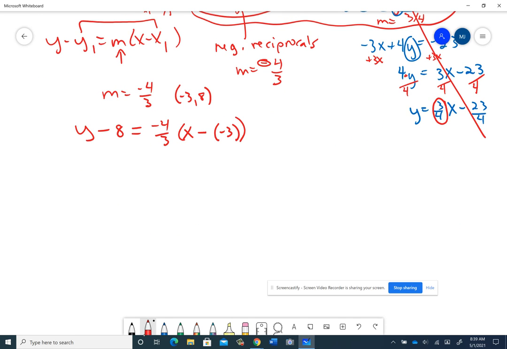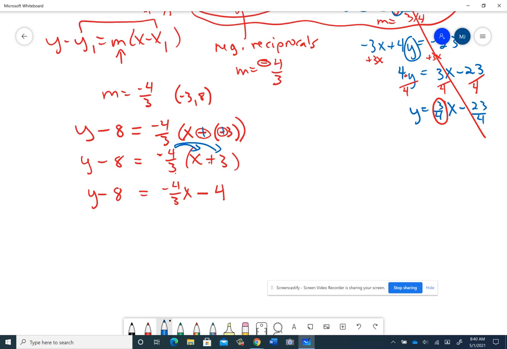So before you distribute, take care of this minus and negative. Okay. Now distribute. So this became positive x plus 3. Now distribute. And we wind up with -4/3 x, and then a negative times a positive would be negative. 4/3 times 3 would be 4. So -4/3 x minus 4 is what we have there.